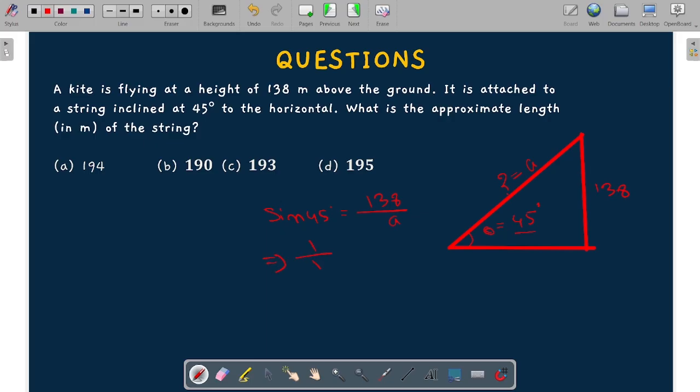Sine 45 का वैल्यू क्या है? 1 by root 2 equal 138 into root 2. तो इसको हम लोग कैसे करेंगे? रूट 2 एक ऊपर देंगे, रूट 2 एक नीचे. रूट 2 का वैल्यू मान लेते हैं 1.41. तो अगर हम लोग मल्टीप्लाई करेंगे 1.41 into 138, हम लोग का वैल्यू निकालते हैं 194.58. तो इसका वैल्यू होगा, approximate 195.